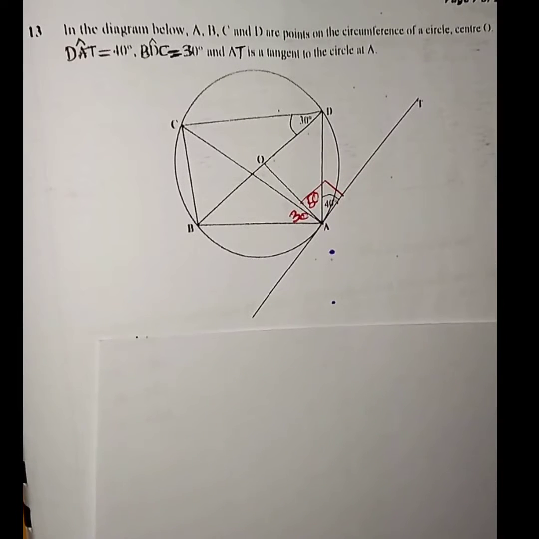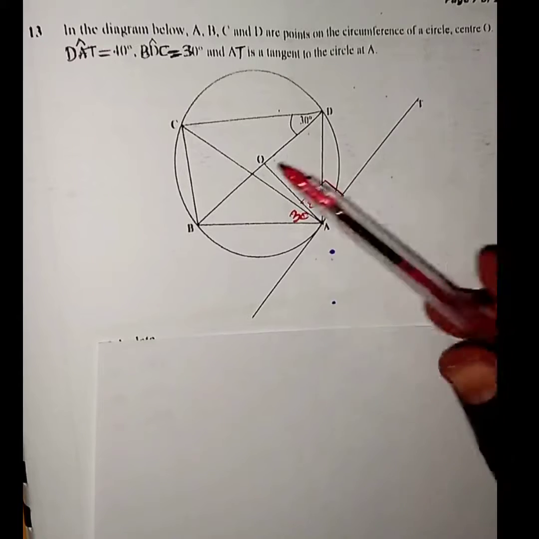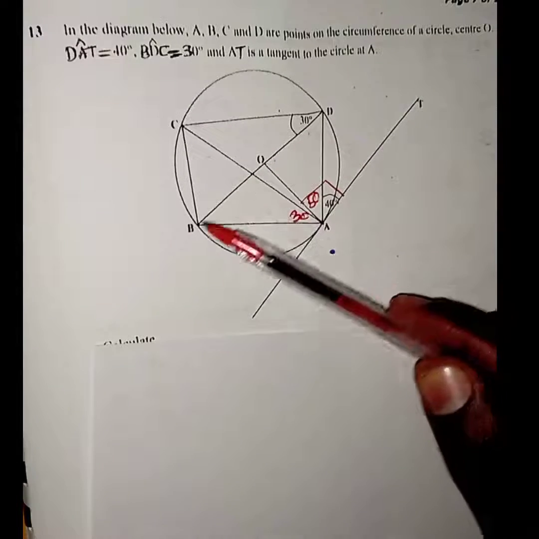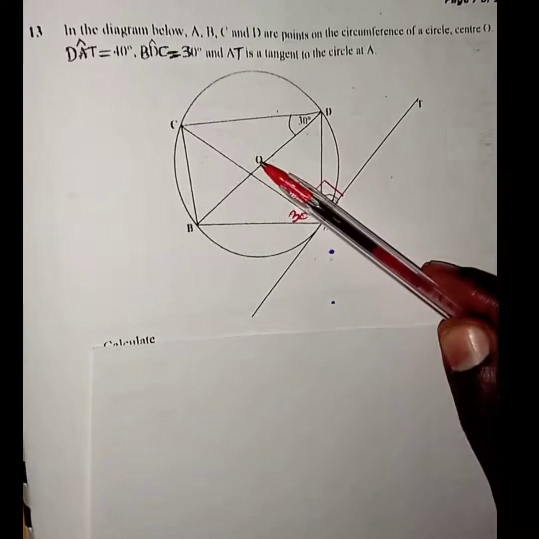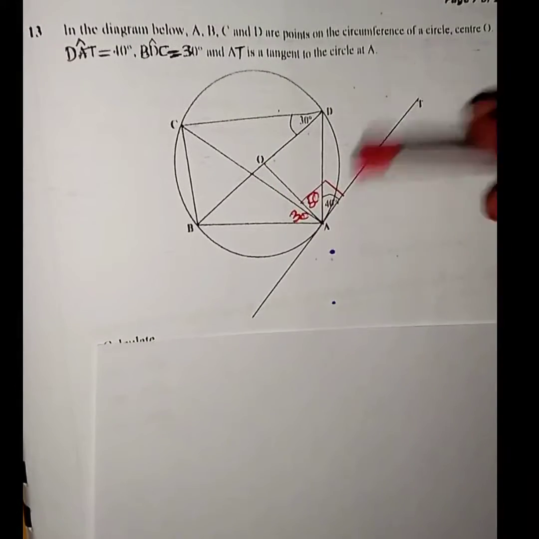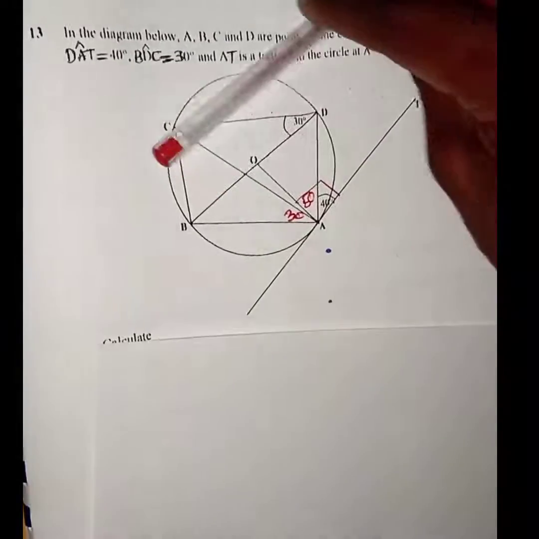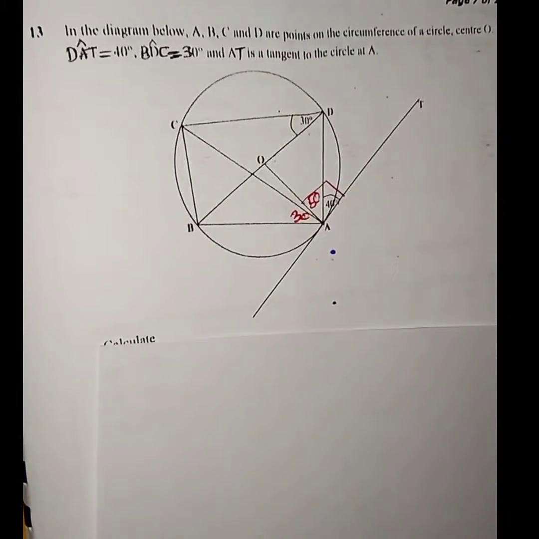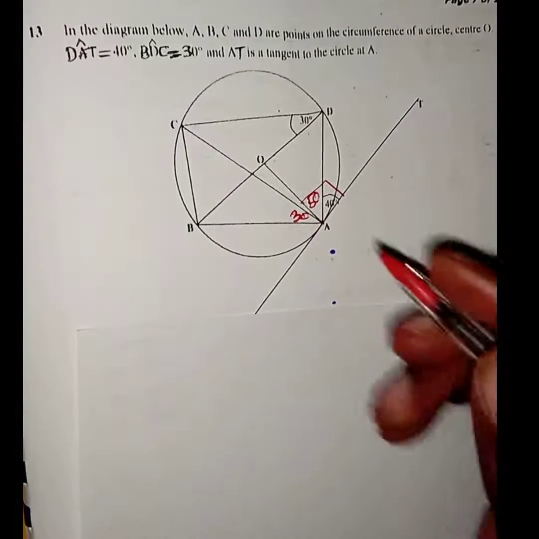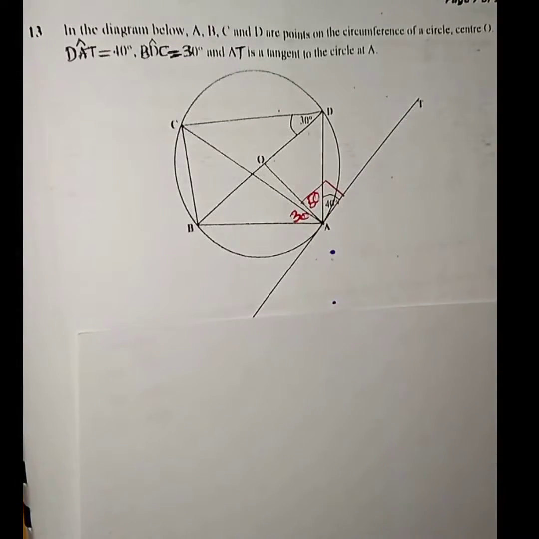Apart from that, this is a diameter. A diameter will always pass through the center, which is center O, and it makes a semicircle, half circle there, half circle here. There's a property which says the angle formed in a semicircle is a right angle.